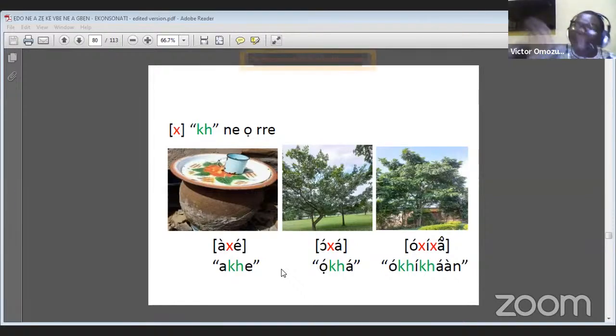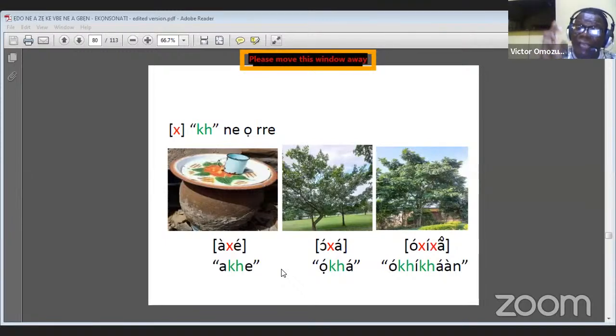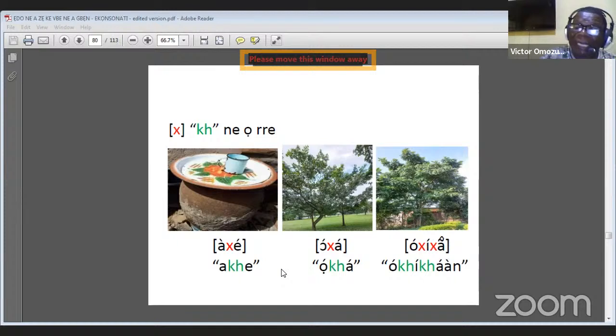Anyway, Isaiwe is the base form. That is the original word. But because of consonant deletion, because there exists a rule in Edo, when you have two like consonants coming together, the first consonant is always elided. So that is now where you have Isaiwe.